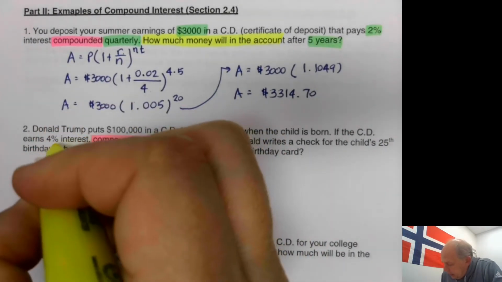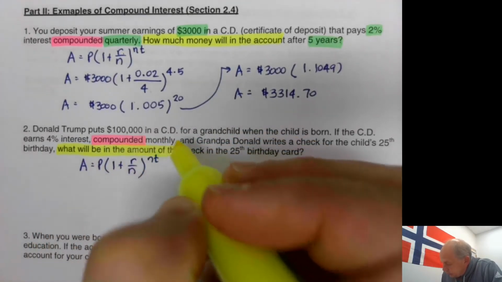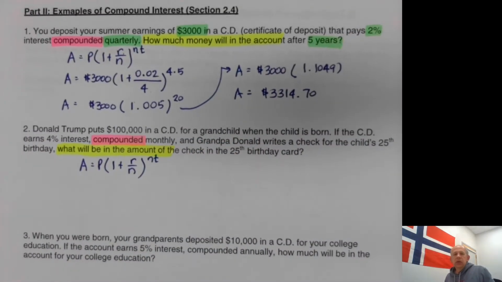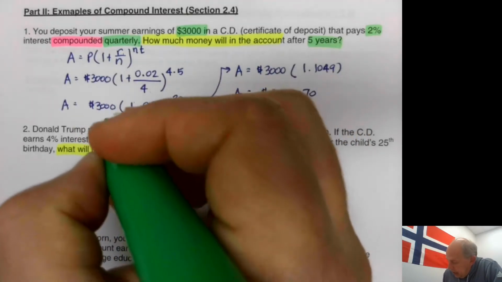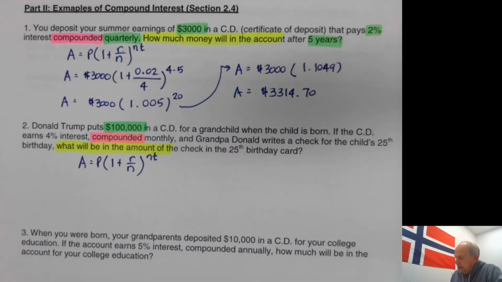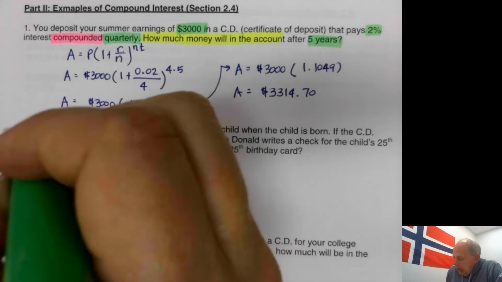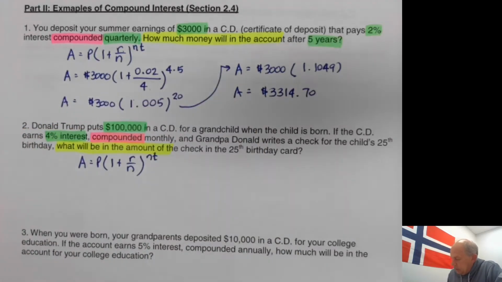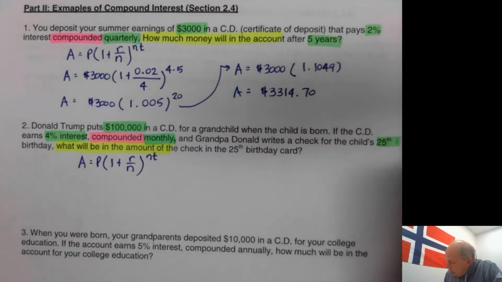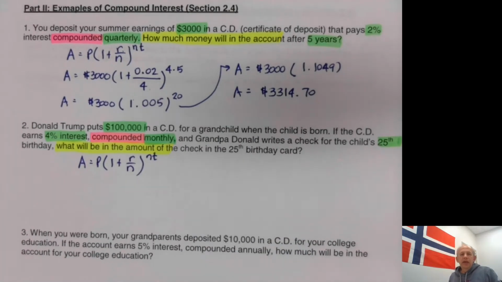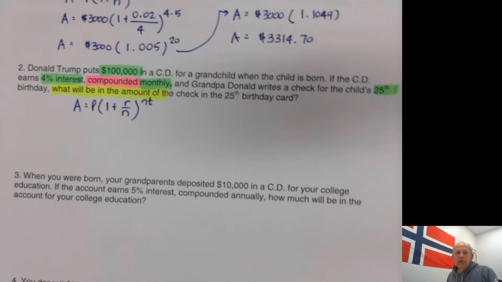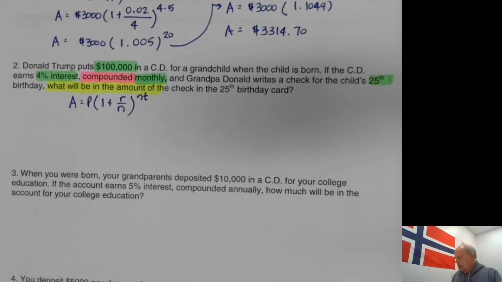What will be in the account for Donald Trump's grandchild, if the account began with $10,000 in it. It earned 4% interest. It was compounded monthly, and the grandchild gets the birthday check when the grandchild turns 25 years old.